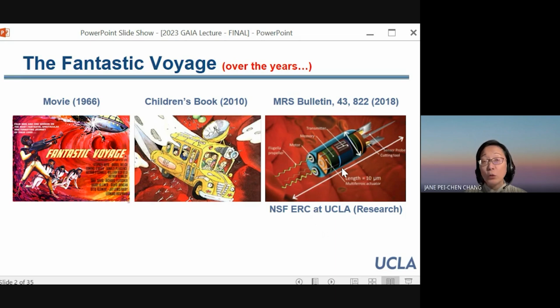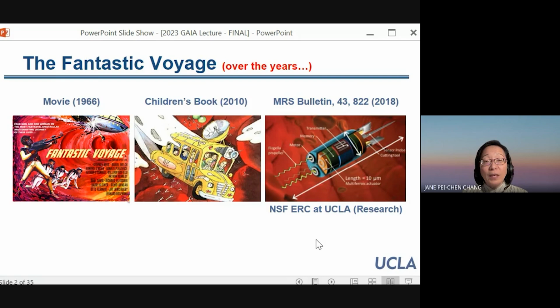In order for it to be useful, it would have an antenna that can receive and transmit information so that we can communicate with this device. And it will also have a memory that allows the information to be stored as it is being acquired.